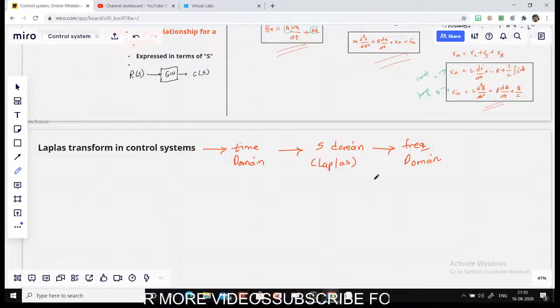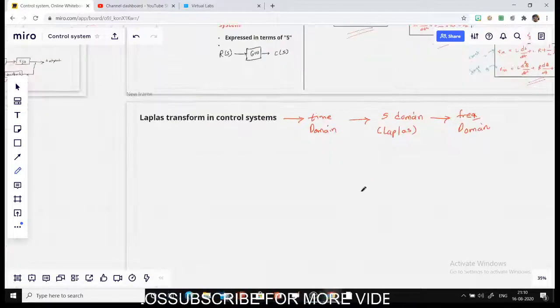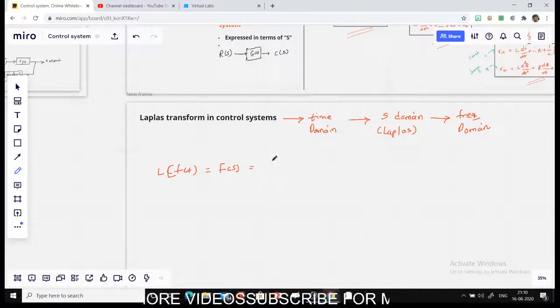Now let us understand why we need this Laplace transform for a control system. So we will just talk about a basic reason. What is the Laplace transform? Laplace transform L of f of t is basically F of s, which is a function in the S domain, the integral from 0 to infinity of f of t e raised to minus st dt.